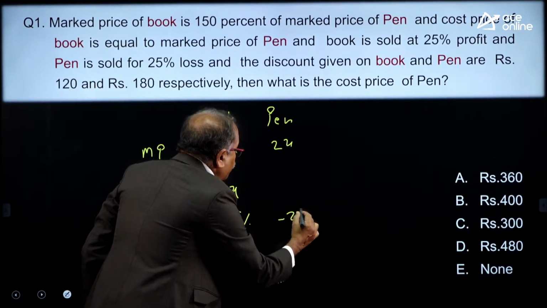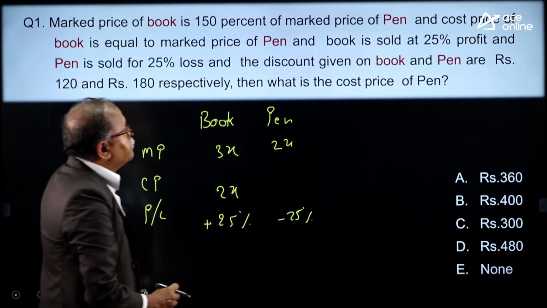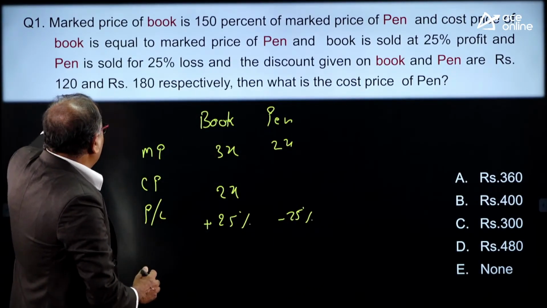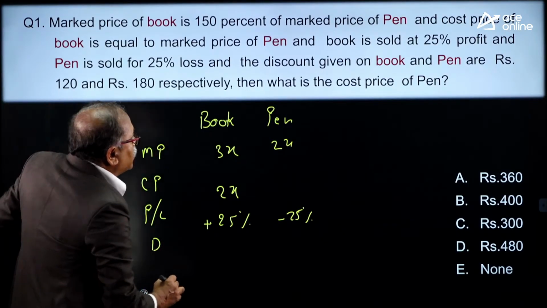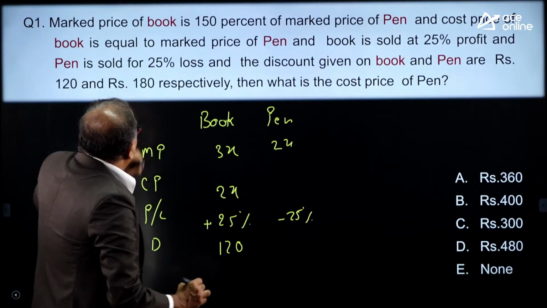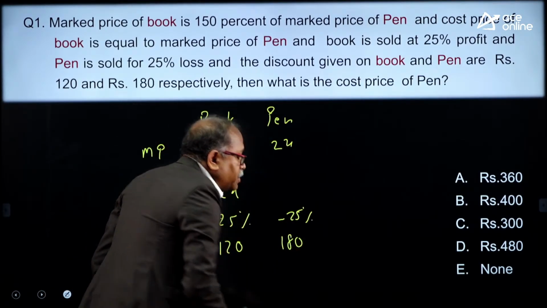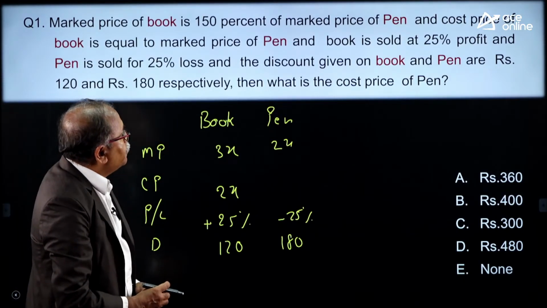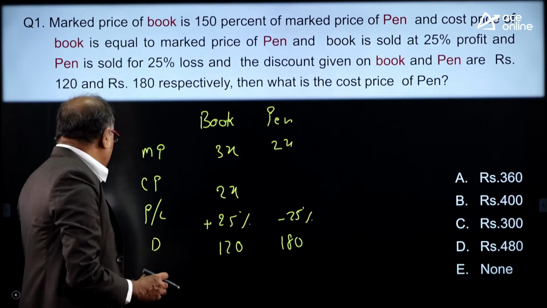Now, there is a discount over here. The discount given in case of book is rupees 120, and in case of pen, rupees 180. This is the information we have, and you are asked to find out the cost price of the pen. So, how do I connect it?